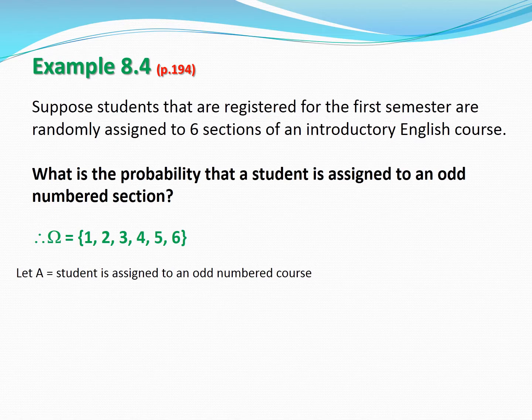Okay, so the possible outcomes in your sample space are 1, 2, 3, 4, 5 or 6 since there are 6 sections, and we can let event A be the event that the student is assigned to an odd numbered section. So that means that the outcomes in event A are going to be 1, 3 or 5. So the probability that event A will occur will be 3 over 6, or 0.5.